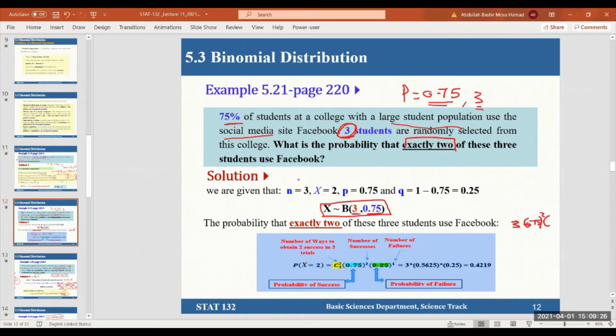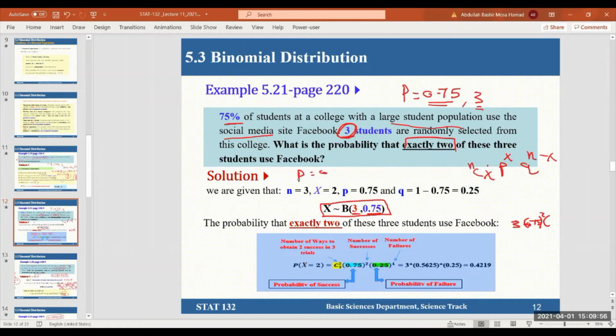Before the question, let's write the function of the binomial: n combination x, p power x, q power n minus x. So instead of n, we write 3. Instead of p, we write 0.75. What is the value of q?